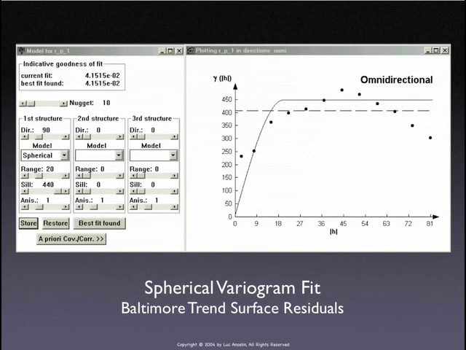And you change these numbers, push the button, and it fits another curve. And then basically what you're doing is moving this up and down. This is the sill. And moving this connection point in or out. This is the range. And then you might have a little intercept here that is the nugget. So by manipulating these three things, you can fit different curves through these points. And then if you use some measure of fit, then you can decide which one fits the best. That's the idea behind fitting in VarioWin.